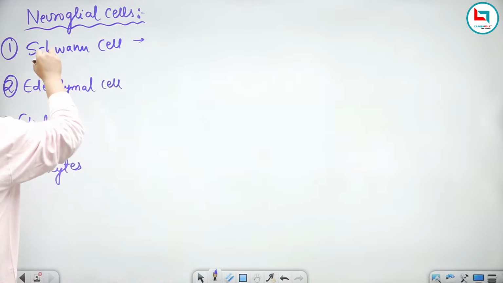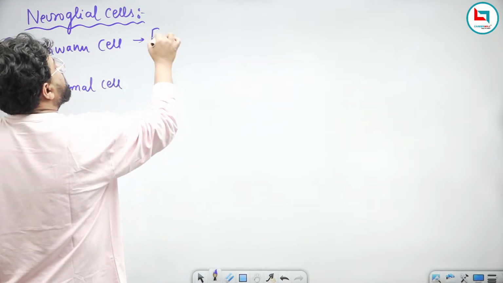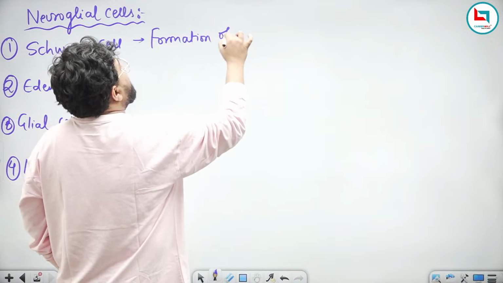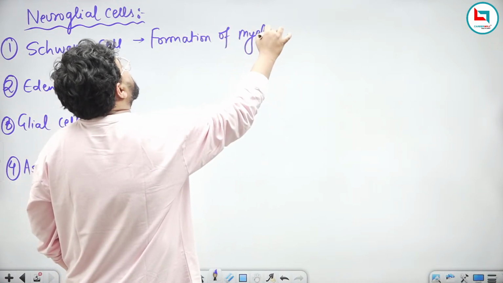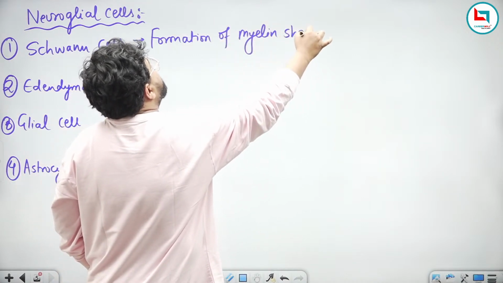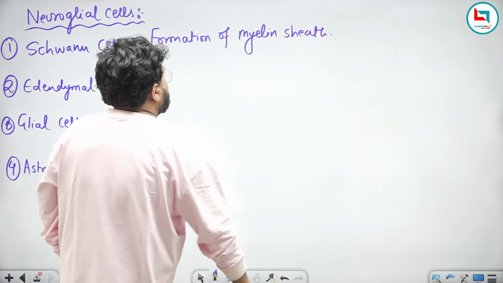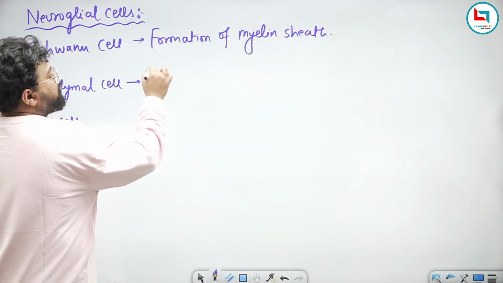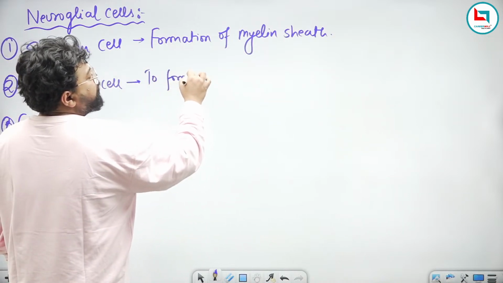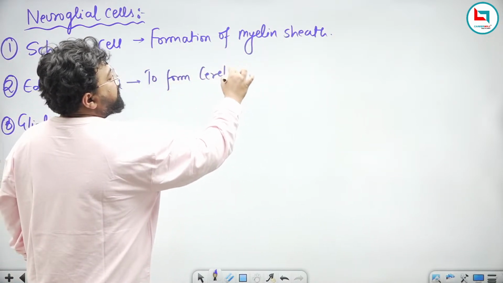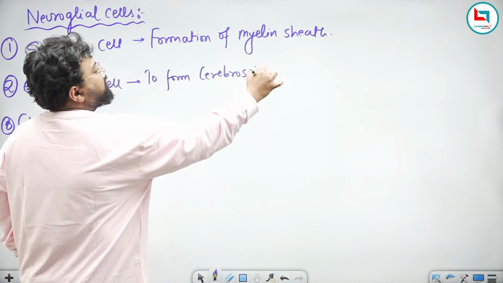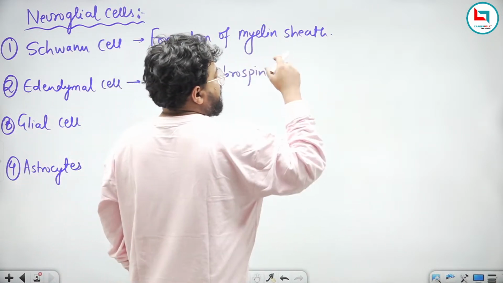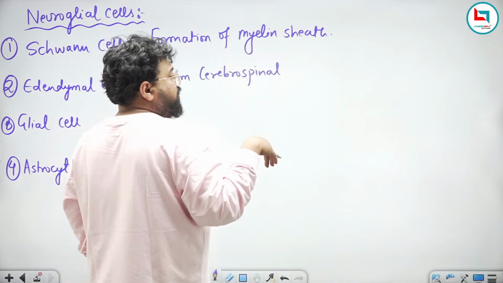The function of Schwann cells is the formation of myelin sheath, the sheath which is present around the axon of a myelinated neuron. The function of ependymal cells is to form cerebrospinal fluid. This is the fluid which is present around our spinal cord and in the meninges of the brain.